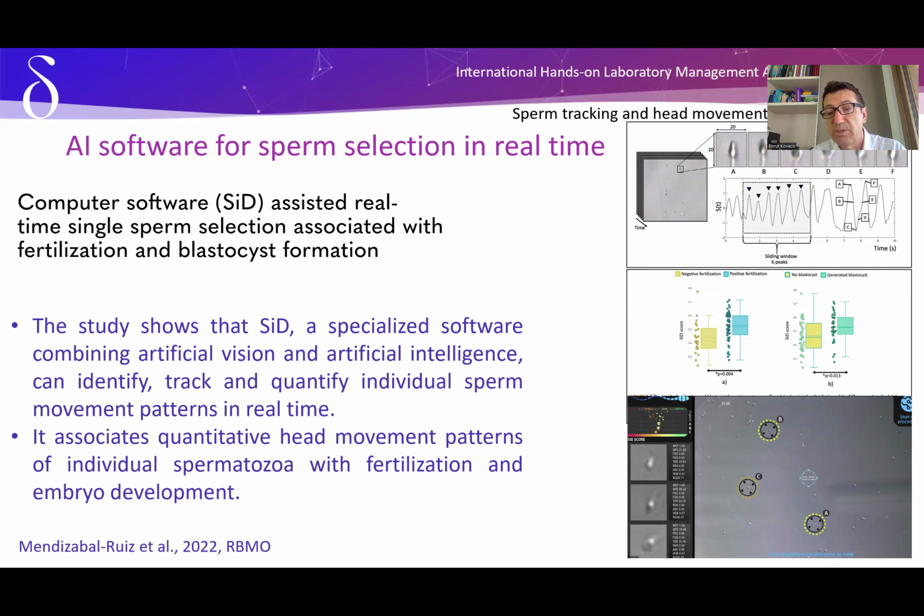The results showed statistically significant differences in SID scores between spermatozoa leading to positive versus negative fertilization outcomes, as well as between those associated with blastocyst generation and no blastocyst generation. On the lower image, it is possible to see the green circle where the model spontaneously selects the morphologically normal sperm, and this system can help embryologists to select the more optimal sperm for ICSI.